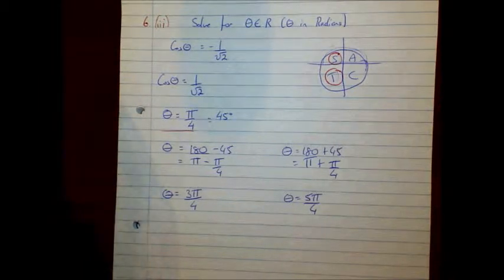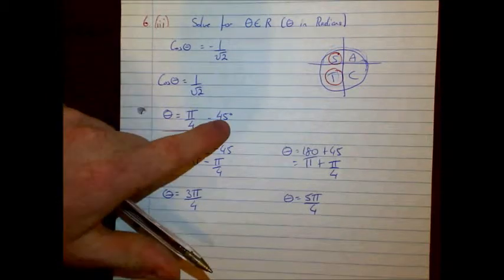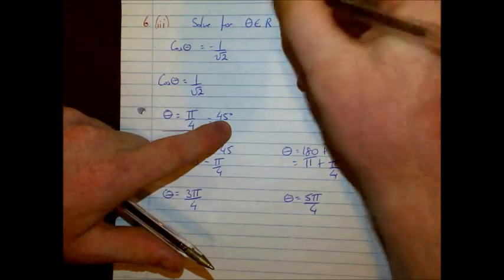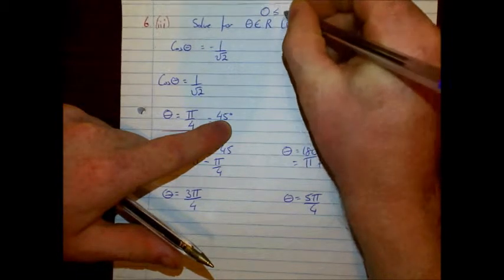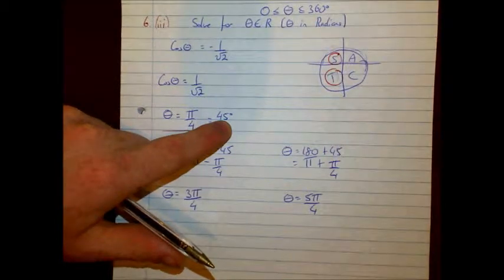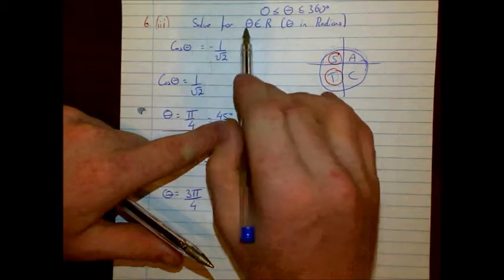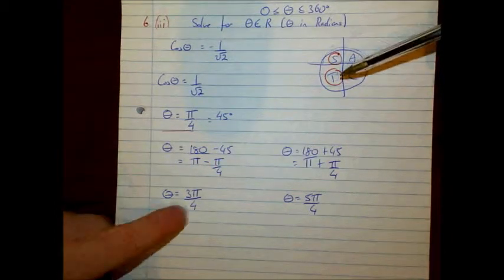I would say there's my two answers and I'm done. Because when we've been given it in degrees, we've also always been given the question where theta is between 0 and 360 degrees. But it doesn't say that for this case, it just says theta is an element of R. So I know 3 pi over 4 is somewhere here in the second quadrant.